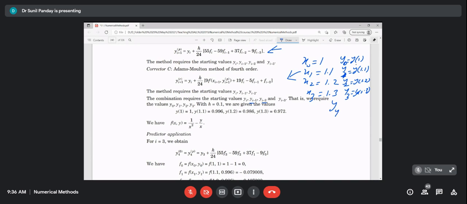And we have to calculate y4, that is y of 1.4.